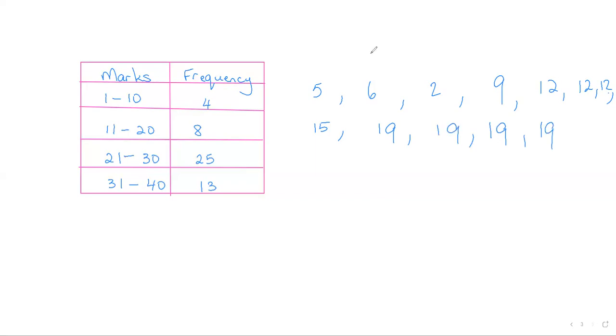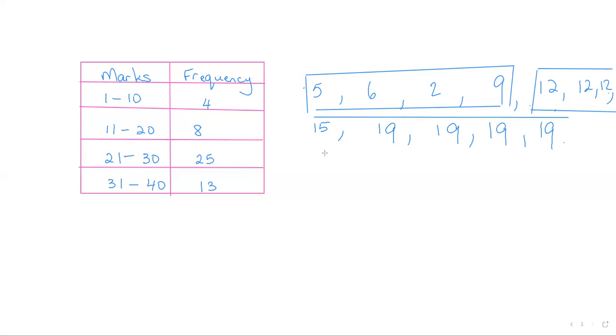So it comes like this. We grouped it, all of those who were between 1 and 10, I tallied them, so that was 4 people. All the people who got between 11 and 20, I looked for all of those, I tallied it, I got 8 people. Same thing for between 21 and 30. So 25 people got between 21 and 30, and so on.